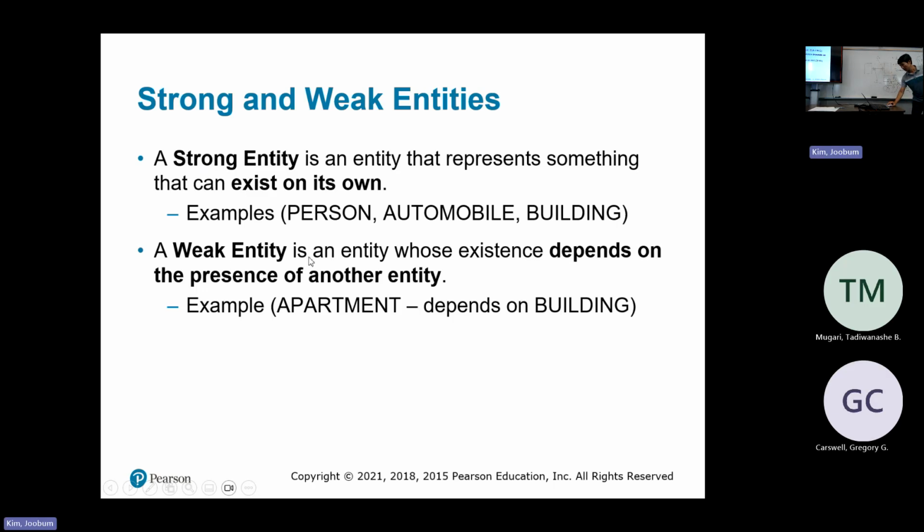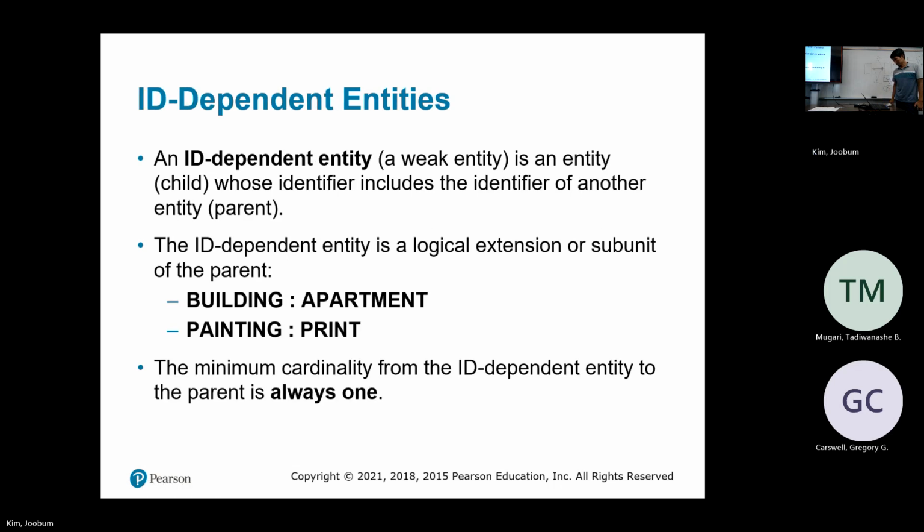So a weak entity is an entity whose existence depends on the presence of another entity. Okay, we'll give some examples. And another one, ID dependent. What is that?